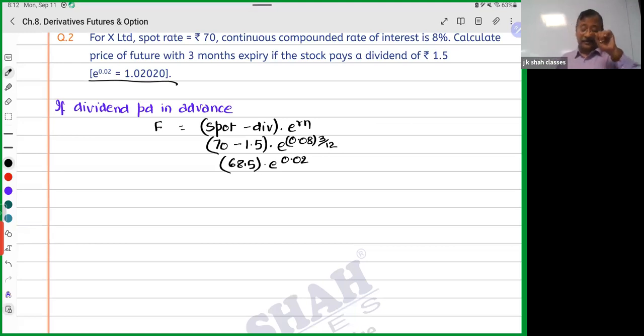Now, last lecture we saw that, can you just verify whether this e raised to 0.02 on the calculator is actually 1.02020? Can you verify? E raised to 0.02 is nothing but 2.7183 raised to the power 0.02.